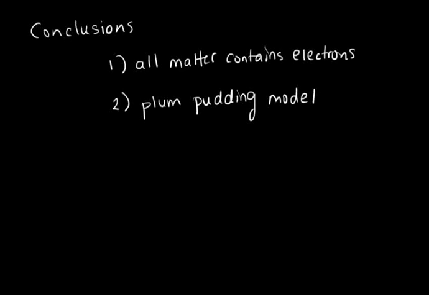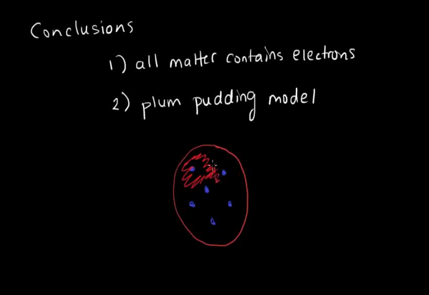The plum pudding model looks something like this. This is our atom. Electrons are distributed within it like little raisins, like that. And then the positive stuff to counteract the negative charge of the electrons is just sort of the space everywhere else. Thompson called this a positive charge cloud.